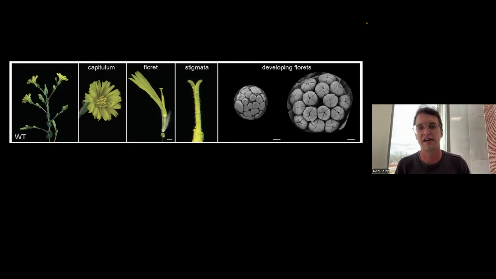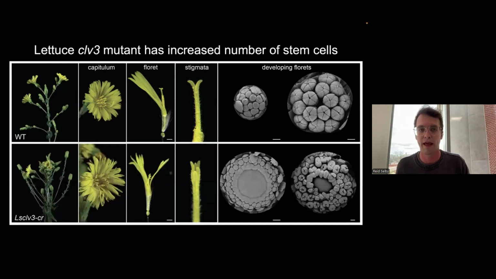This is a feature that's conserved across the entirety of the Asteraceae, and we expect it to be pretty developmentally consistent. However, if we look at the clavata 3 mutant that we generated via CRISPR-Cas9, we see that this number of stigmata goes from 2 to 3 or even up to 5 stigmata instead.